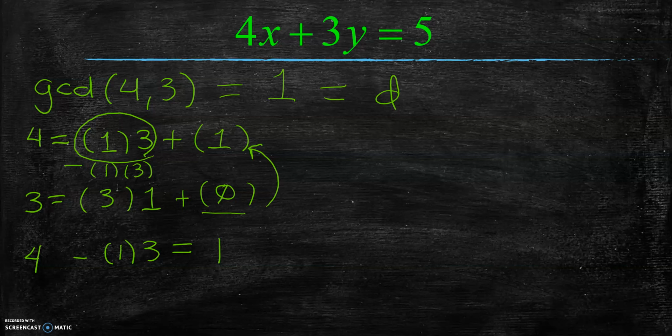Now we're going to rewrite this a little bit using some arithmetic by saying that 4 plus negative 1 times 3 is equal to 1.